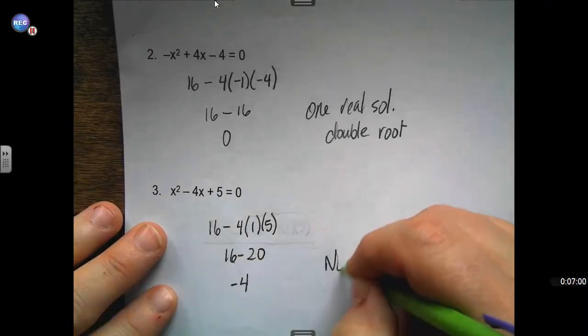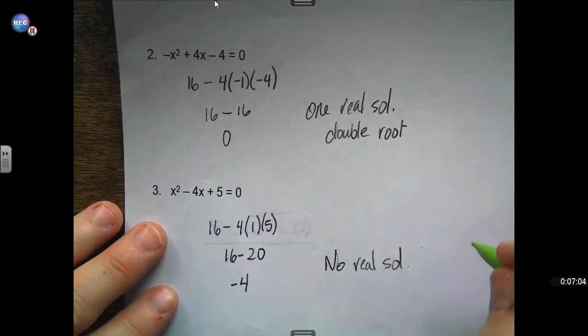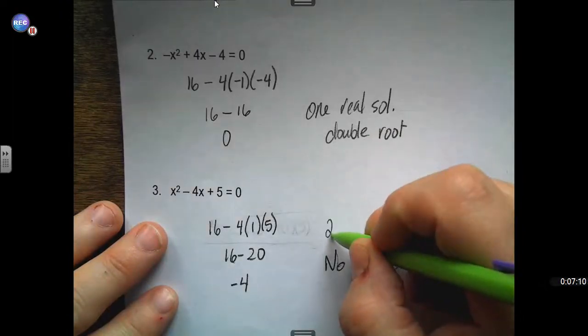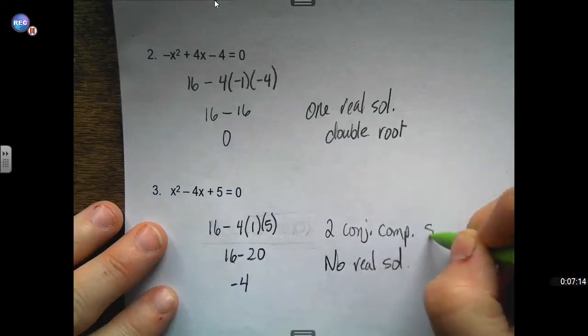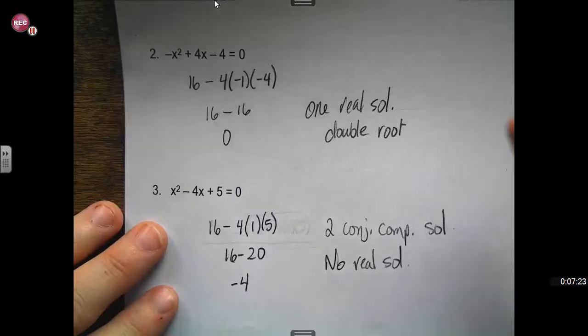So we say we have no real solution, which doesn't describe the roots. You know, we can just say two conjugate complex solutions if you want. So I don't know, in the online homework they might look for either one of those things. All right. So that's pretty much it for this section.